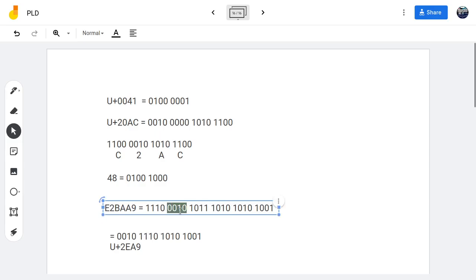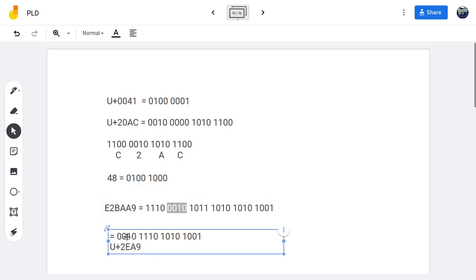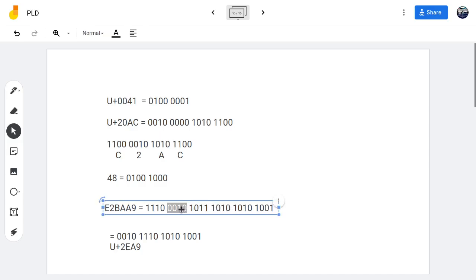So we took this 0100, and this is 2. This is E. This is A. This is 9. What went wrong? What am I missing? What could I be missing?